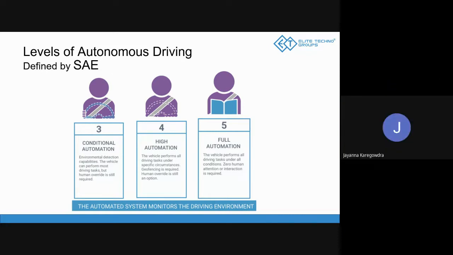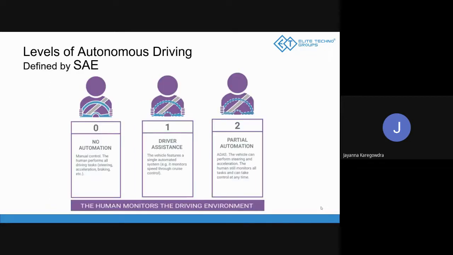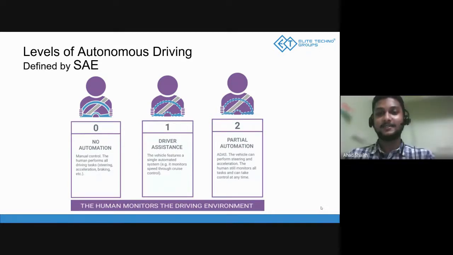I think for India, level two is good enough to begin with, because the cost goes up. Exactly. As you increase the level of autonomy, the cost of the lidar and radar sensors increases, and so does the processing and the control of each and every component, like brake, throttle, steering, and headlamps, which assist a driver in driving.